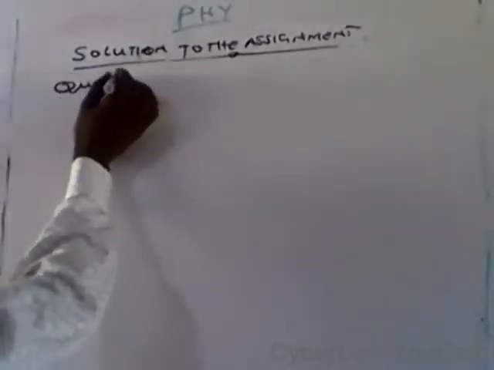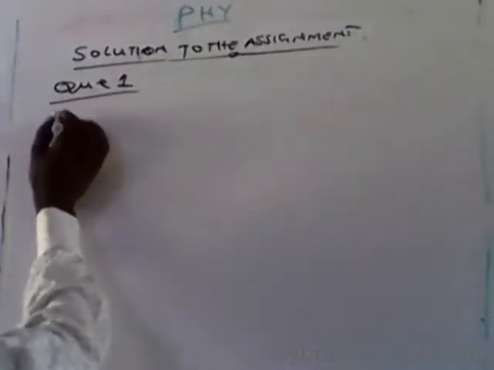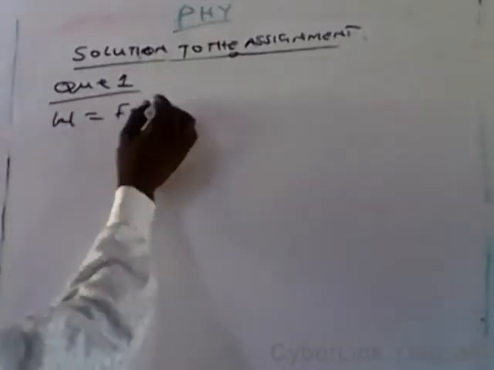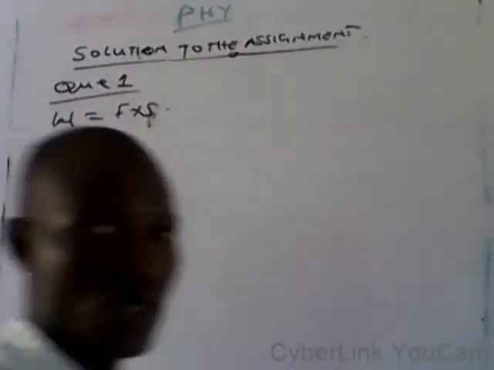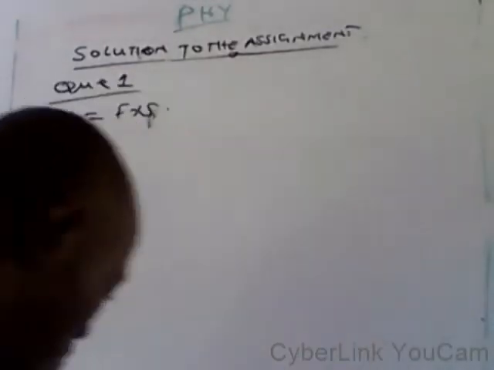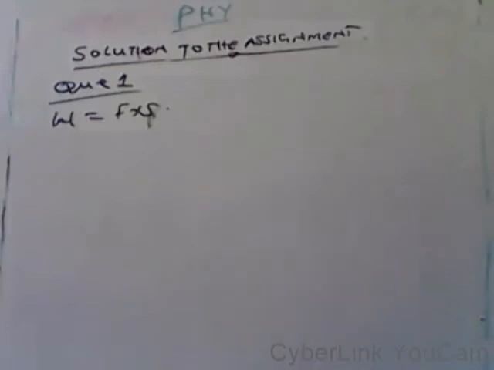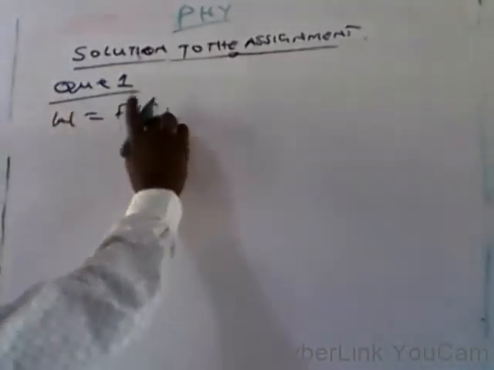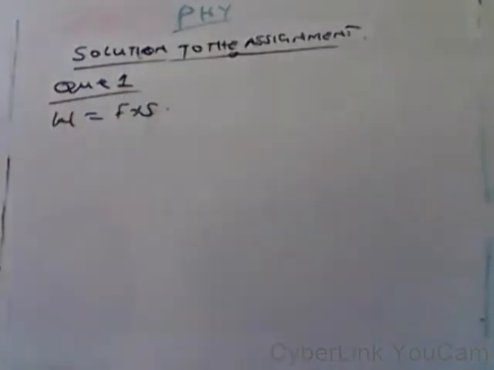So question one. Don't forget we have work done equals what? Force times distance, or force times s. So the unit is joules. But based on this question, this expression holds when a body is under rectilinear motion.